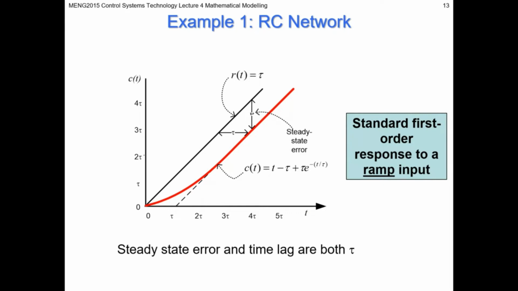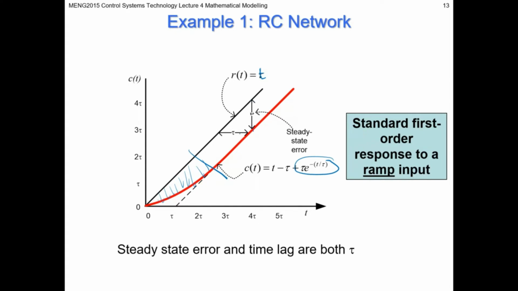So this is what it looks like when you sketch it. The black line is the ramp, output equals the ramp, r(t) equals t. But your output, the red line, this term here is responsible for this part of the line before it settles down to a steady state error with a 1 time constant lag and a 1 time constant delta between the input and the output.